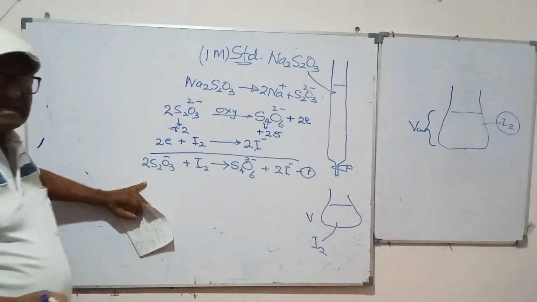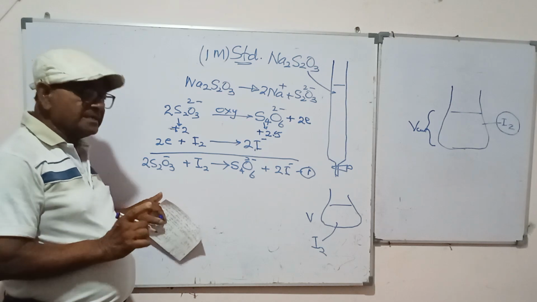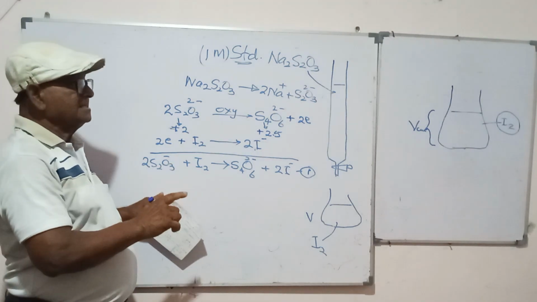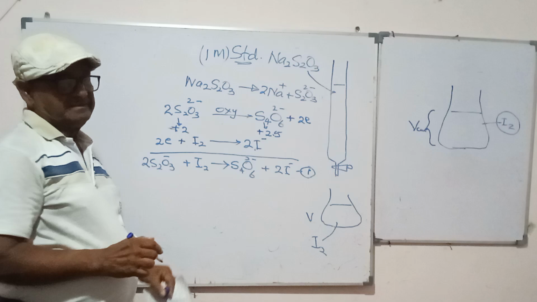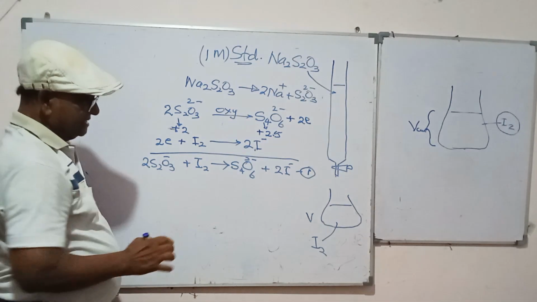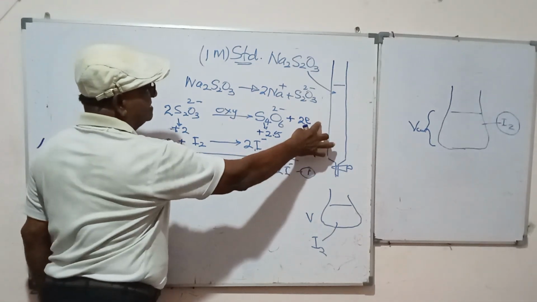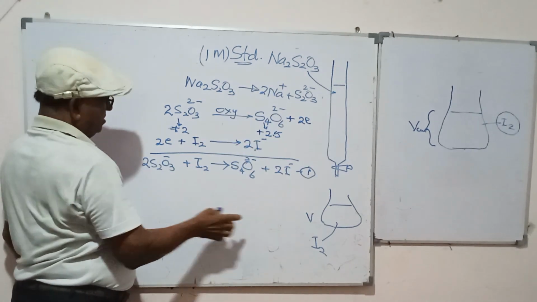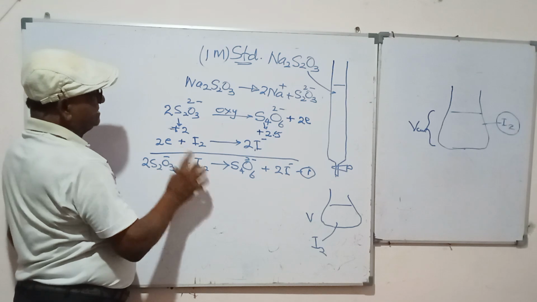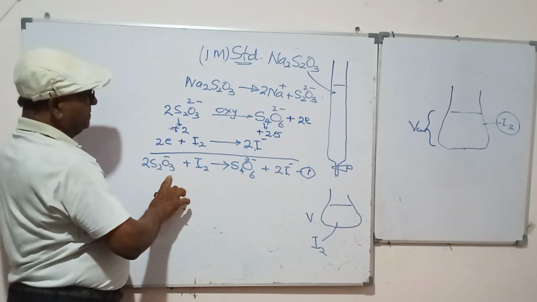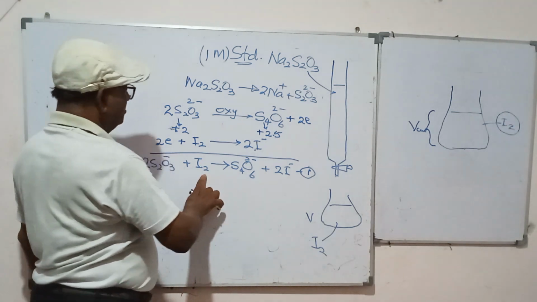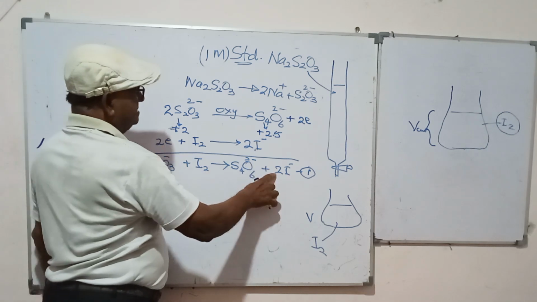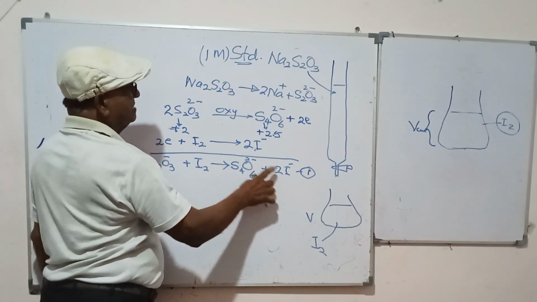This is the reaction that occurs during the iodometric titration. Here we are adding sodium thiosulfate to I2; thiosulfate reacts with I2, thiosulfate oxidizes, I2 reduces, forming S4O6 2- and 2I-.